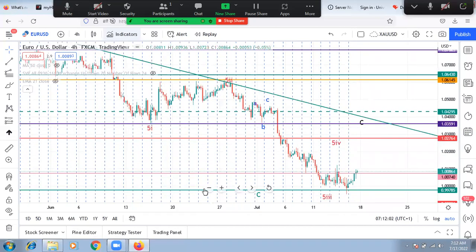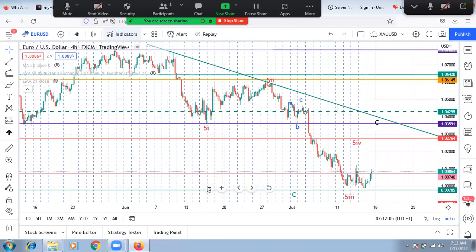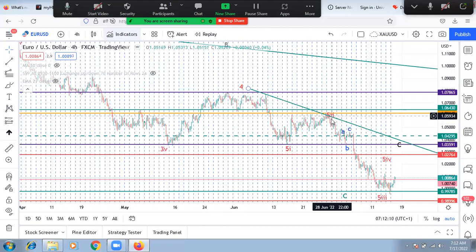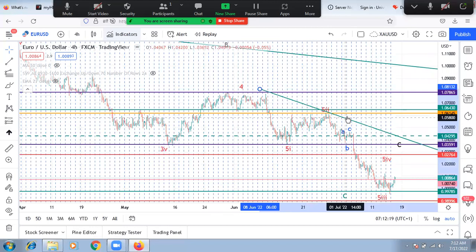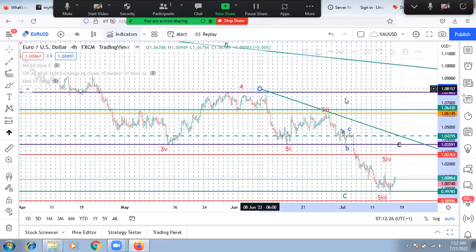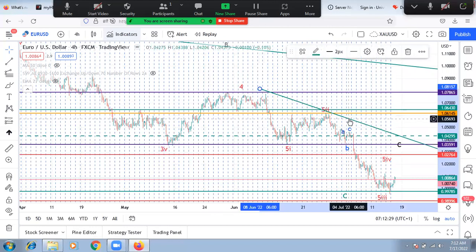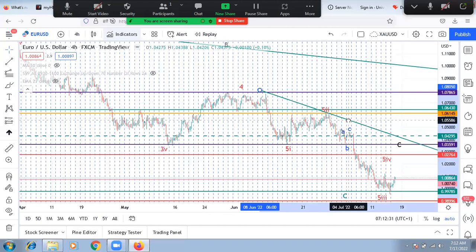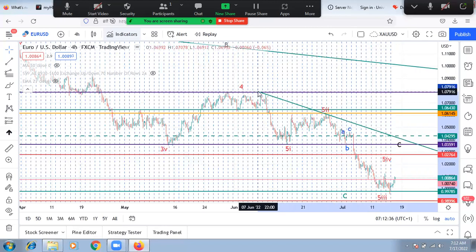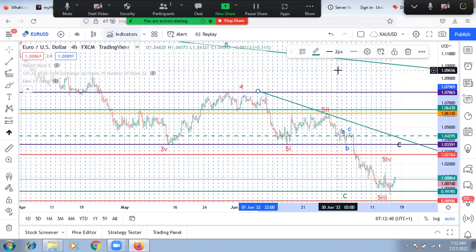Okay, going inside for our structure, so we can draw a more precise one. Okay, this one is much better.